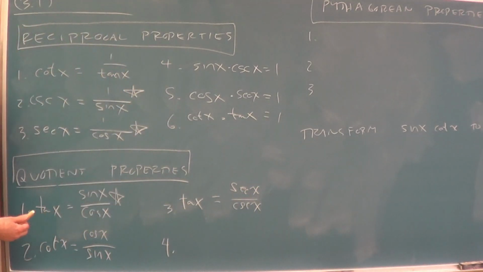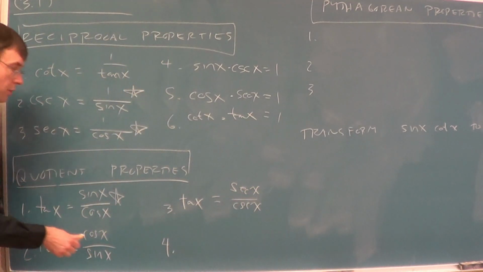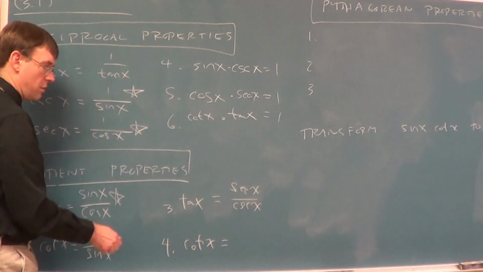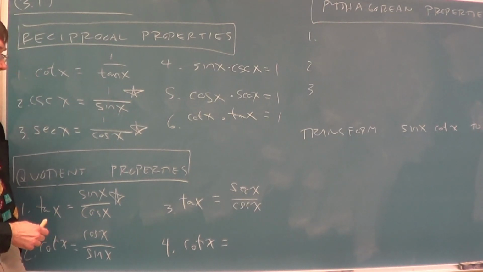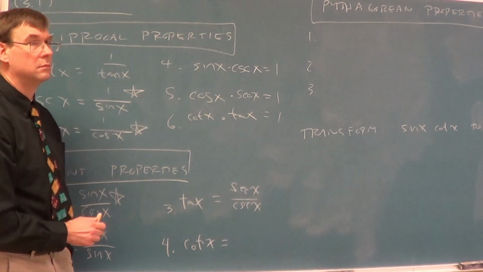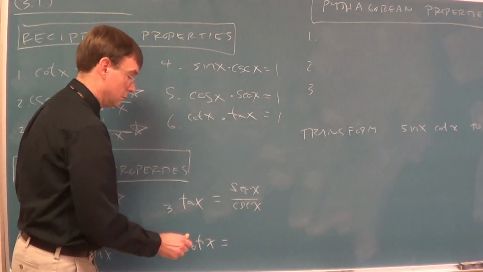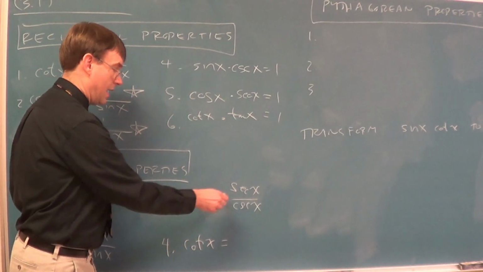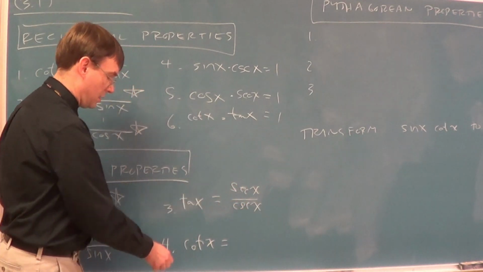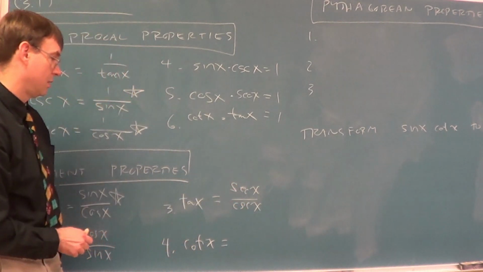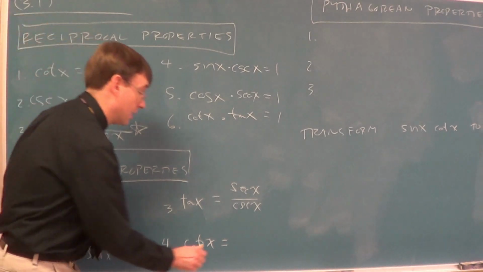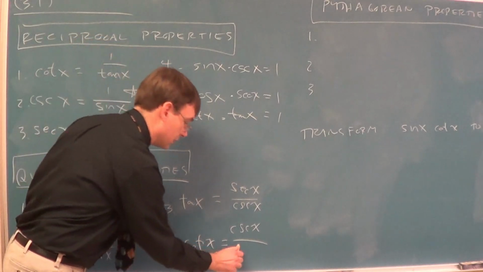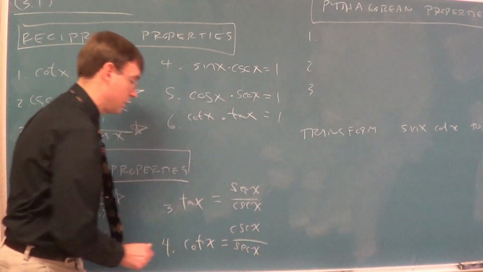So maybe you don't have to memorize that one as much as you can just build it. So if we know that this is a truth, what do you think would be a truth about cotan? If tan is secant dividing cosecant, what do you think cotan would be? Cosecant dividing secant. Same thing, but upside down, because tan and cotan are flipped versions of each other. So there's 4 of those.